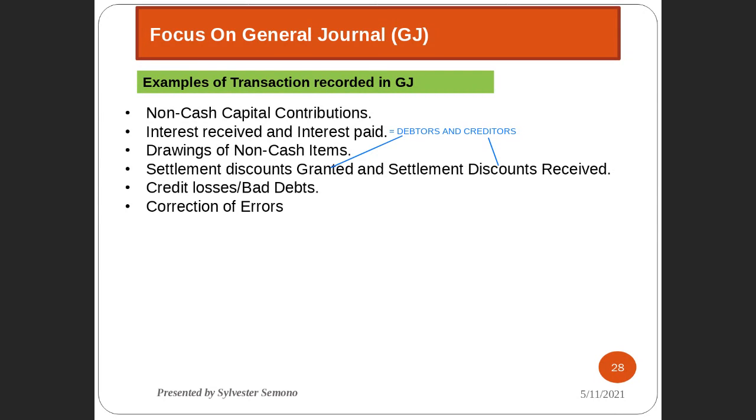There's a difference between the trade discount and the settlement discount. The trade discount is the one that we give to each other when we meet for the first time to transact. For example, if I'm selling goods on credit to Jones and we negotiate the discount during that process, that discount is going to be called trade discount.